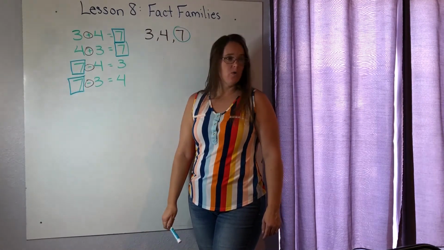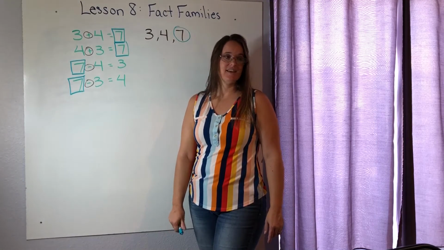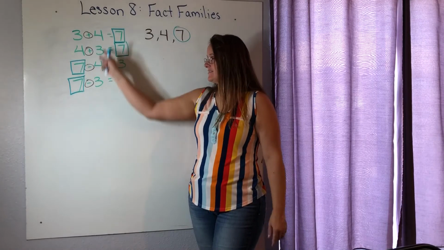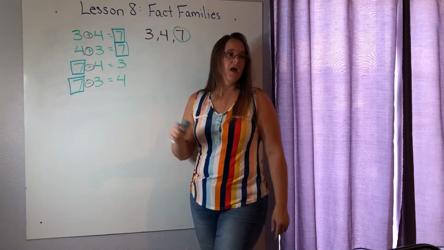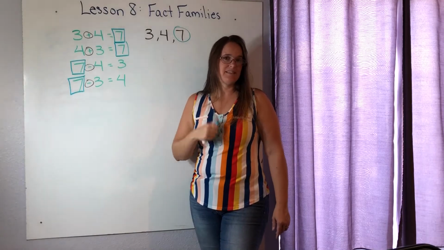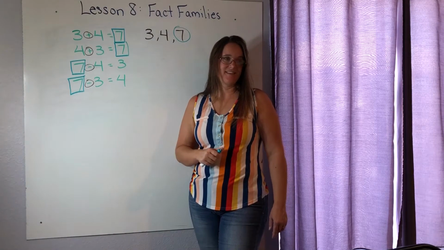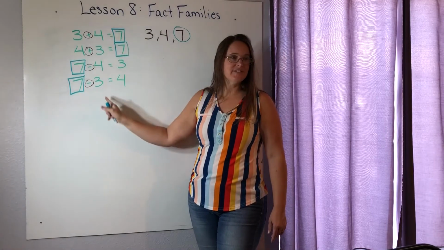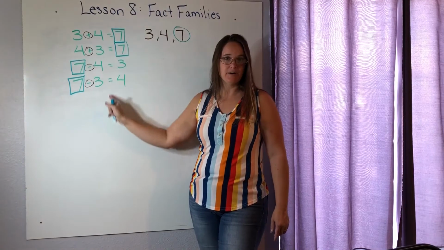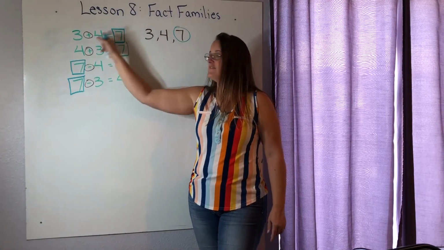And the smaller ones go in the minus, and the difference here for the subtraction problem. Where don't you see the biggest number? In the middle. You will never see the biggest number of a fact family problem in the middle of the problem.